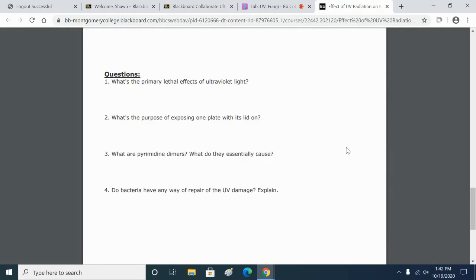Yes. And the fancy name for that enzyme is a photolyase, which you don't need to know, but they're interesting enzymes that can repair this damage.